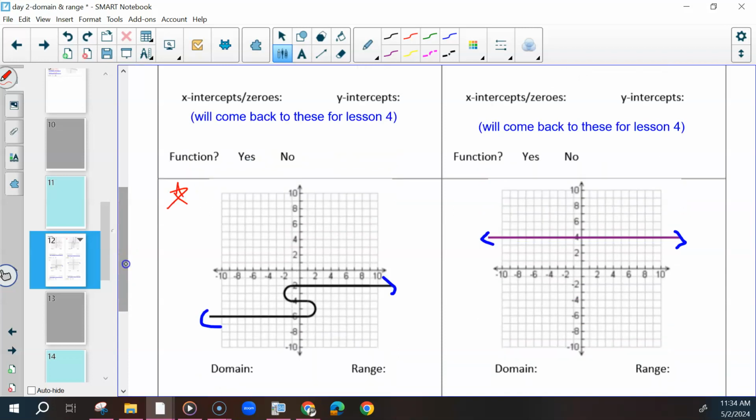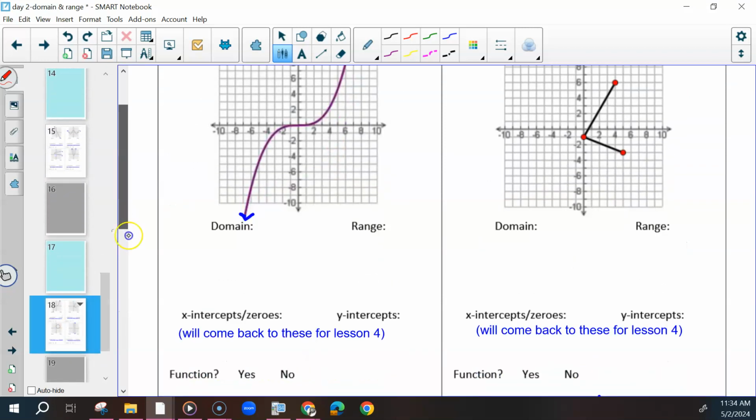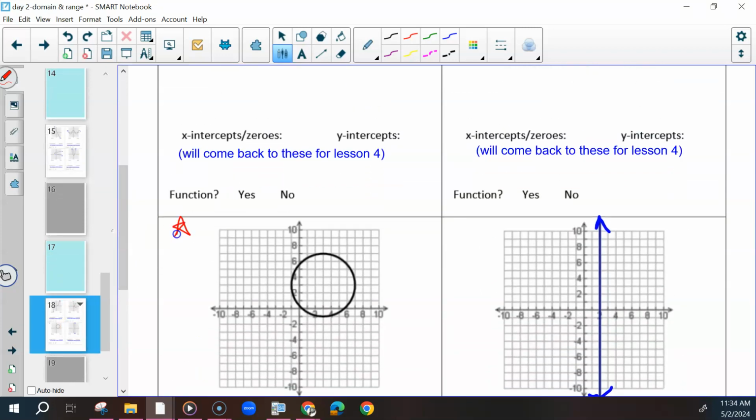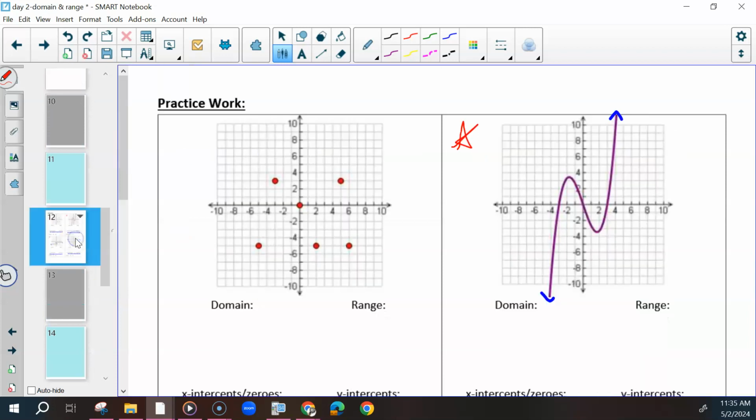Any others on that page, on the next page, on the page after that? Like a circle. Okay. And then we're also going to do that first page.